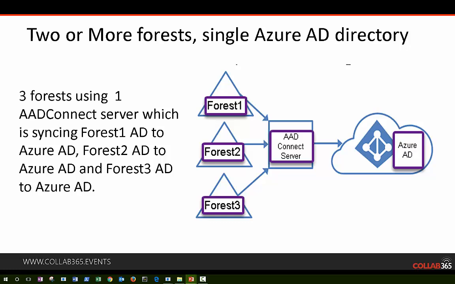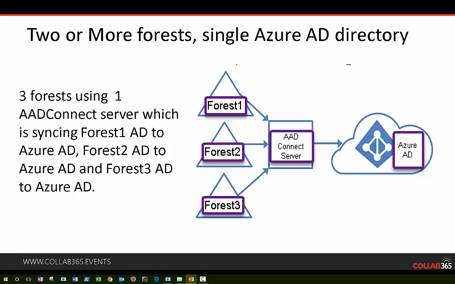So, 2 or more forests, single Azure AD directory. In this slide, I'm showing there are 3 forests which are connecting through one AAD server. As I said before, we just need one AD Connect server, which is doing the AD sync from your forest to Azure AD.